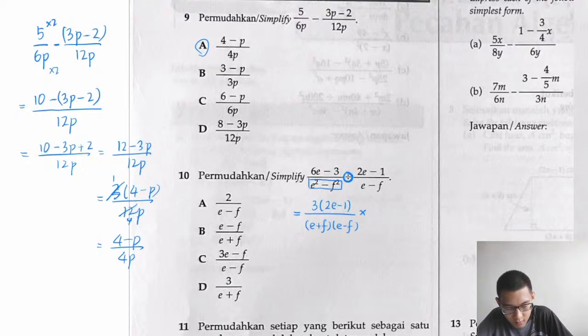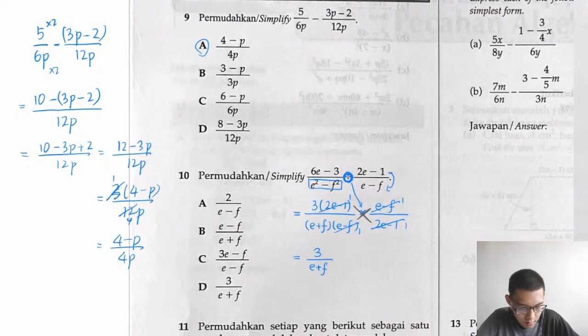We simplify what we want to simplify. This one, divide becomes times, the fraction is reversed. e minus f and 2e minus 1. Now we can compare this 1 and 2 here. Simplify. Now e minus f becomes 1 here, and 2e minus 1 we can simplify. So now we are left with 3 times 1 is 3, and e plus f. Do we have this answer? Yeah, here.